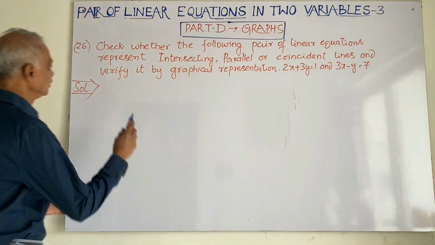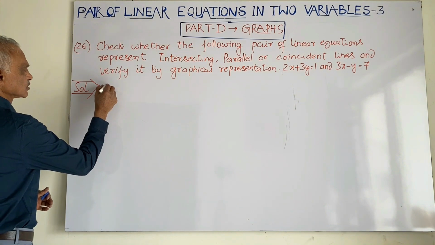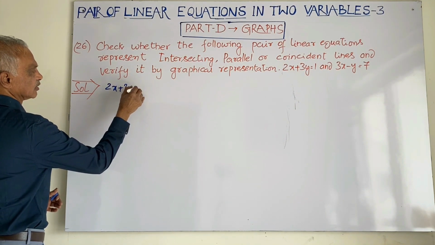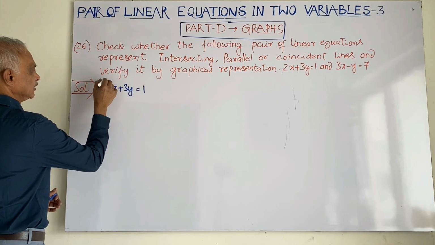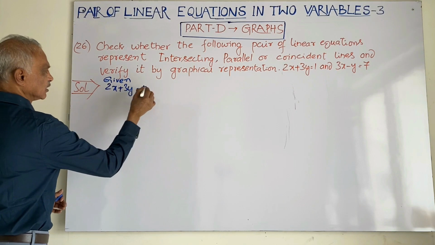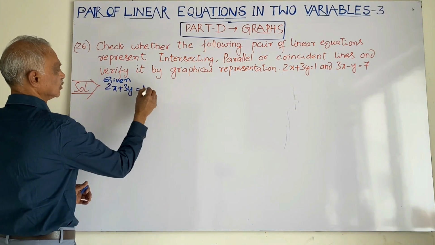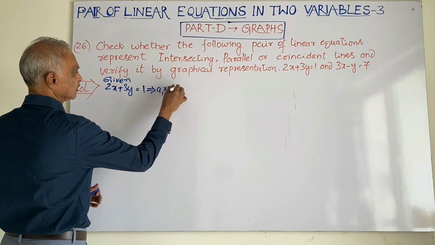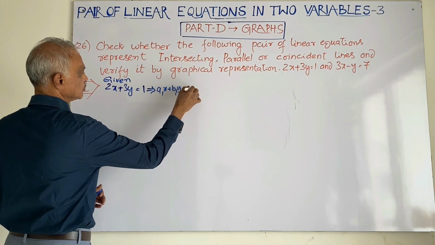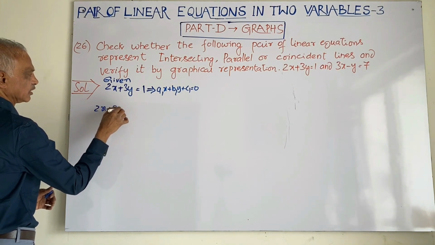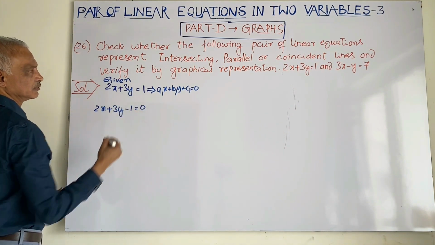The pair of linear equations given: 2x plus 3y is equal to 1 can be written as a1x plus b1y plus c1 is equal to 0, that is 2x plus 3y minus 1 is equal to 0.